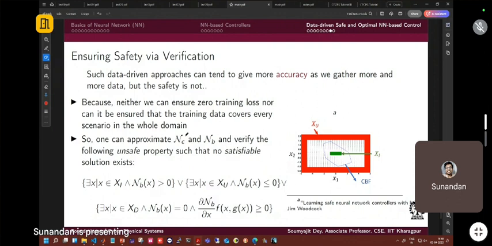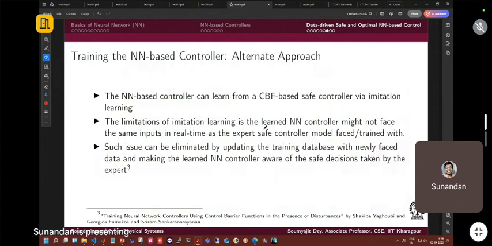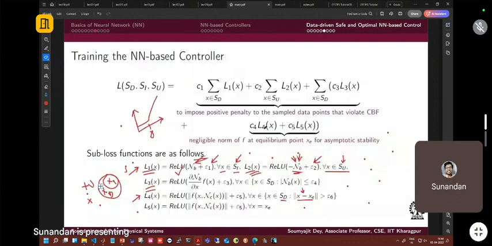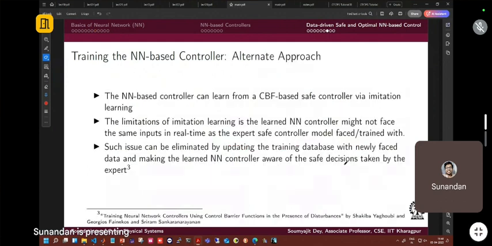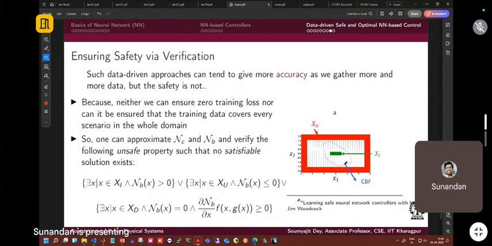So can we approximate NC and NB by verification? Yes, we definitely have to ensure safety of this neural network via verification, because even though the training is happening based on how you design the reward functions, it might not be safe. So to maintain safety, we have to ensure that it is safe while the system is running.